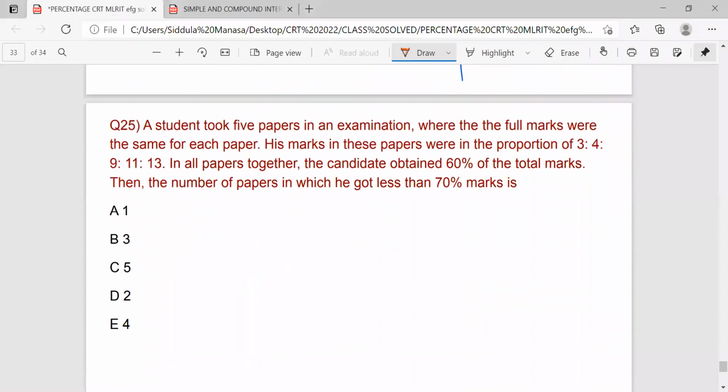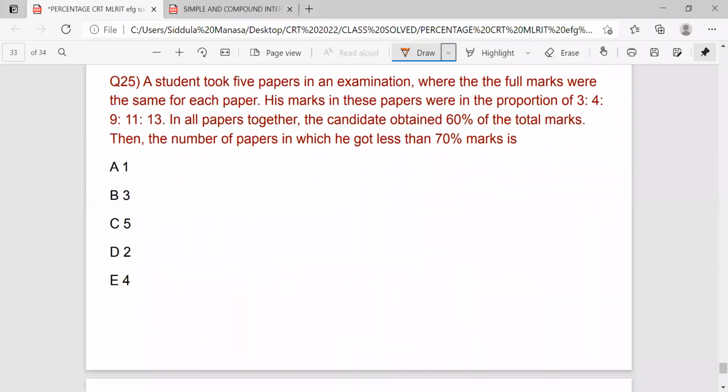Question number 25. A student took 5 papers in an examination where the full marks were the same for each paper. His marks in these papers were in the proportion of 3:4:9:11:13. In all papers together, the candidate got 60% of the total marks.